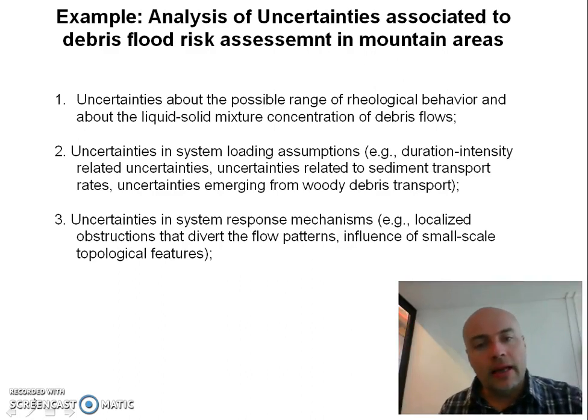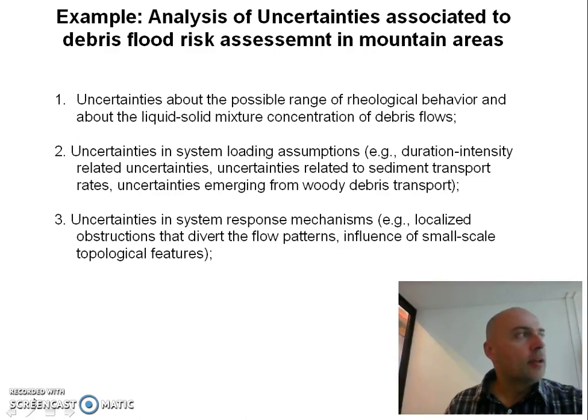Third, there are uncertainties in the response system mechanisms. By response system, I'm referring to what is happening in the affected areas, for example, at the alluvial fan, where the settlements normally are located in alpine regions. In this case, the foreseen flow pattern might change due to obstructions at bridge cross sections that divert the flow pattern. And so you have to take into account, by defining scenarios, exactly what is happening at these critical configurations that might influence the flow propagation quite significantly.